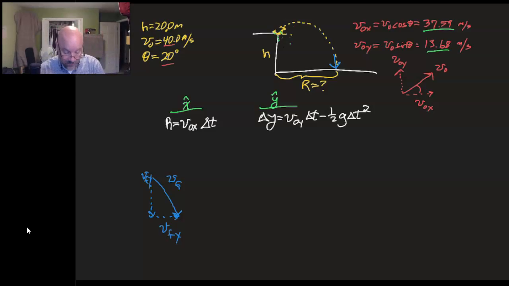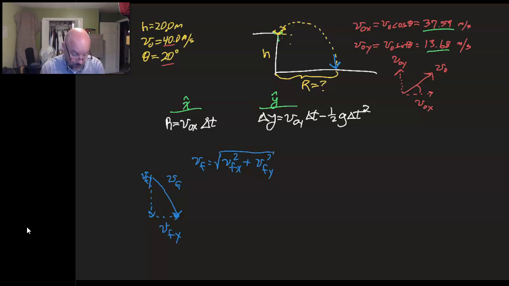Okay, so if we can get the v final x and the v final y, then v final is just going to be the square root of v final x squared plus v final y squared, just like that.